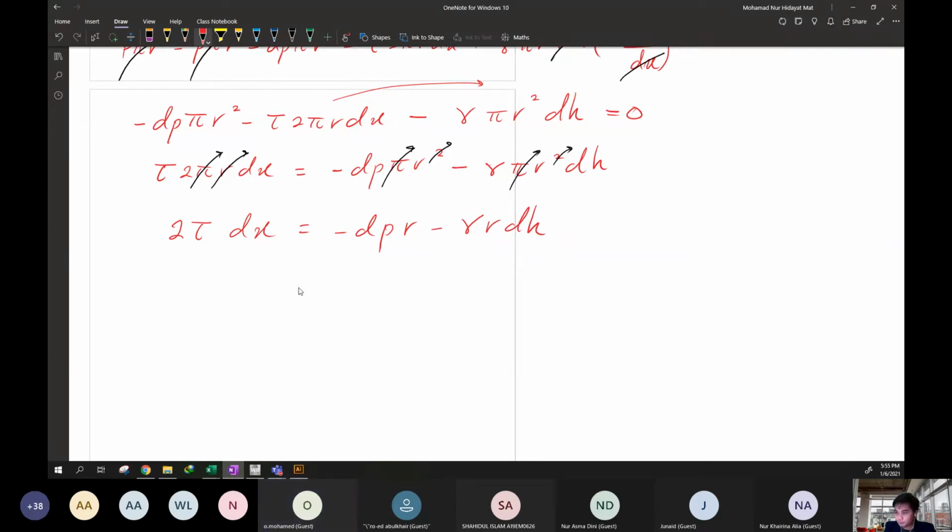Okay, so we can do the factorization. Negative r dp plus gamma dh. This is 2 tau dx. Okay, definitely tau is equal to negative r over 2.